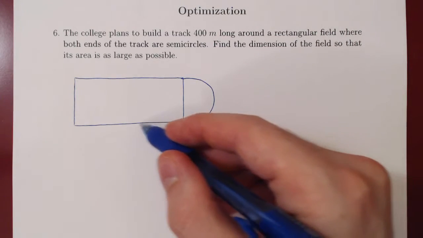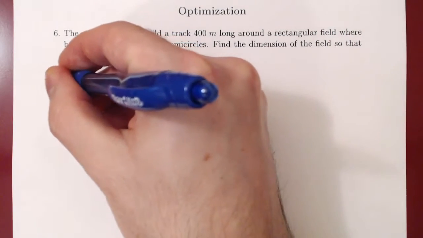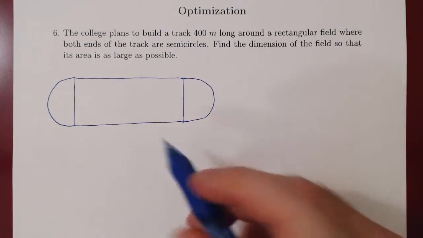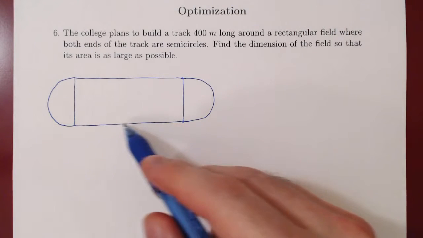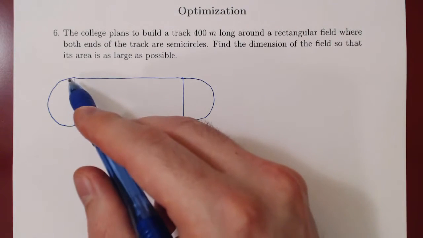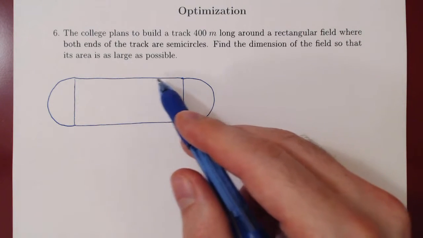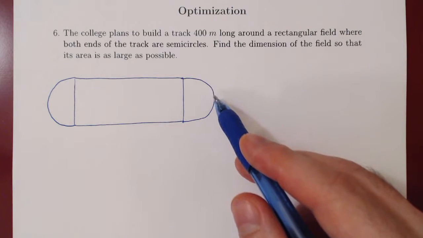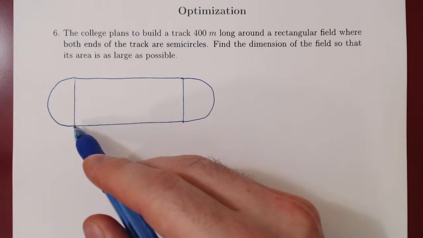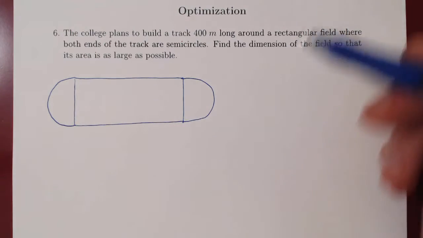And then we continue on the track, and the other end is also a semicircle. So this is our track, right? You have your rectangular field. This could be a football field, a soccer field of some kind. And then you have a track that runs along the rectangular field. At the end, you have a semicircle. Then you keep going around, reach the other end, and another semicircle. So this is your track.